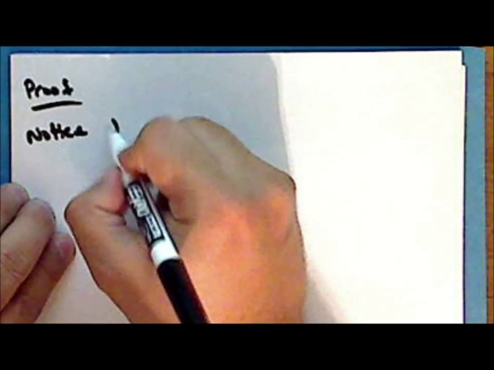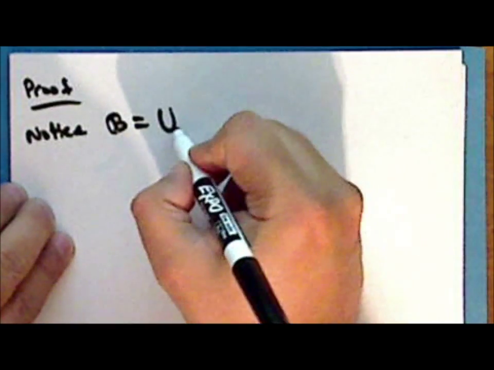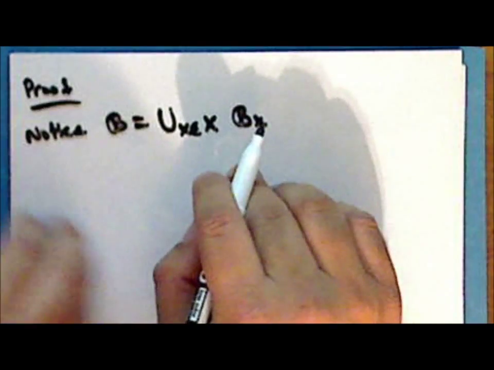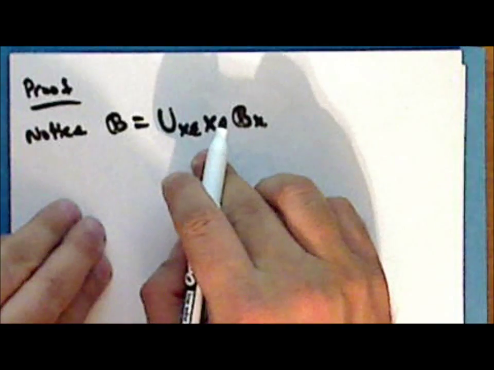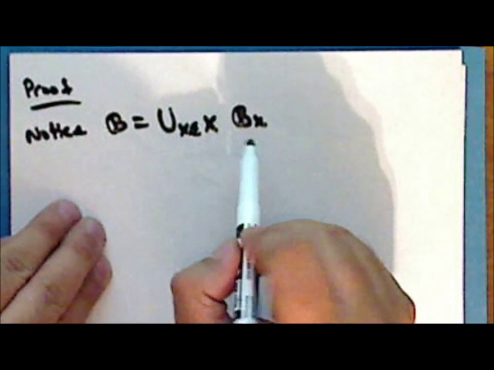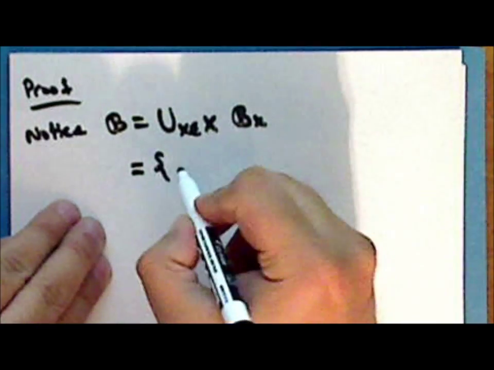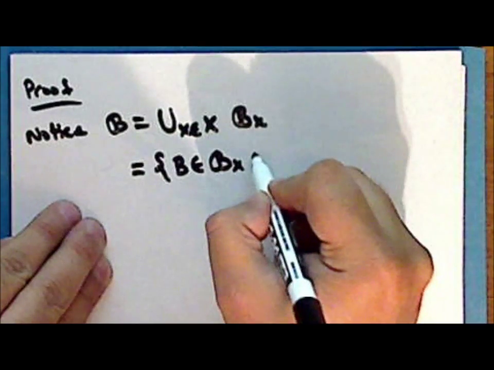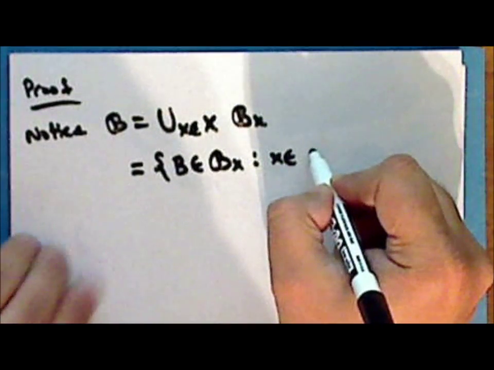So, proof. Notice that the collection script B, which again is the union of local bases for all the points in the space, contains all the elements in the local bases, which is all of the sets in the local bases for every point in the space.